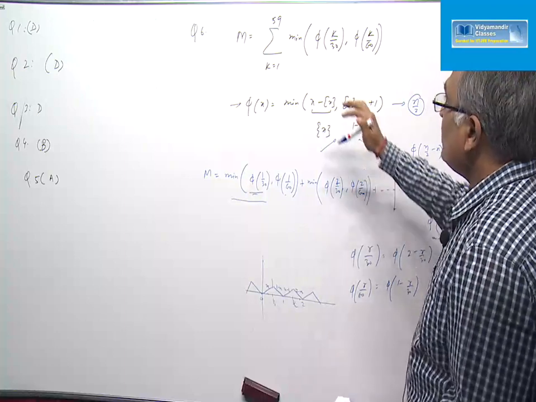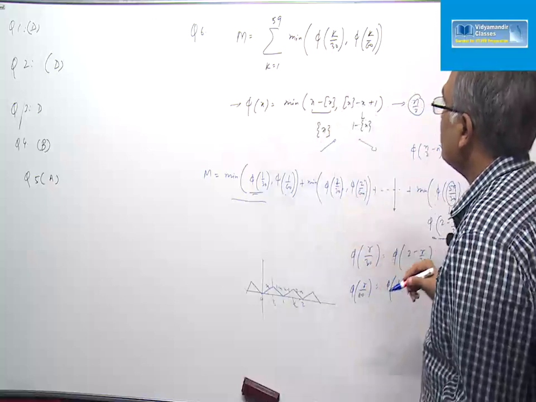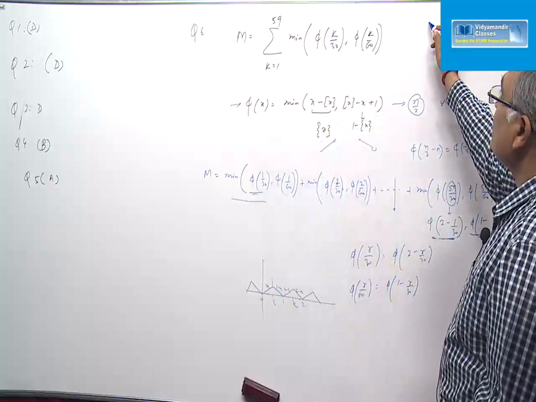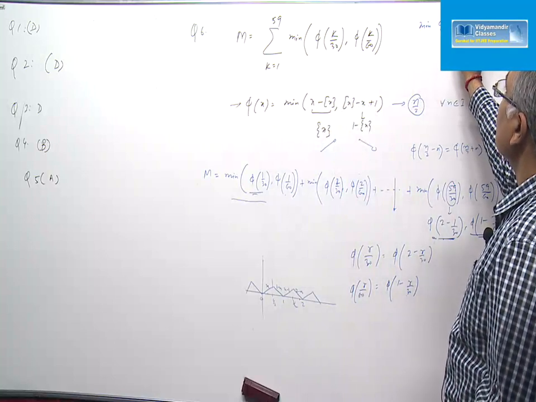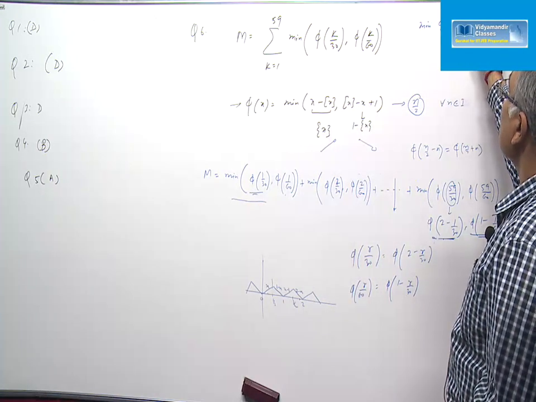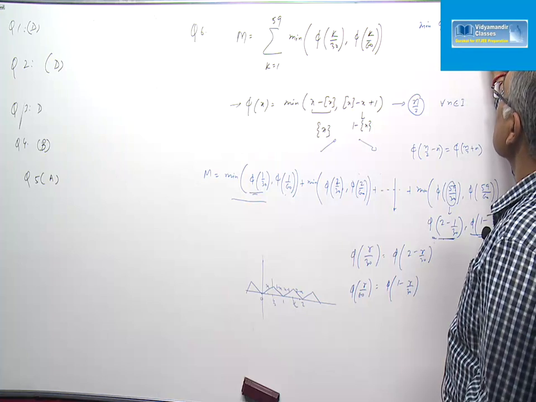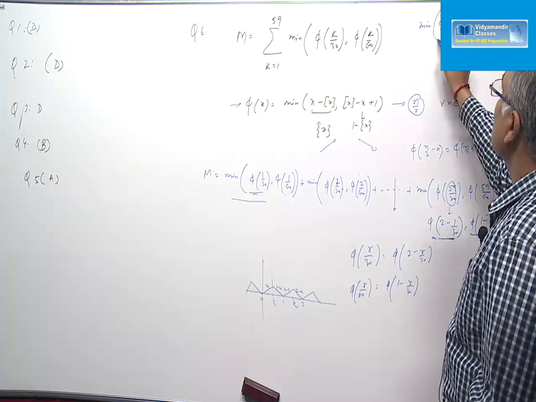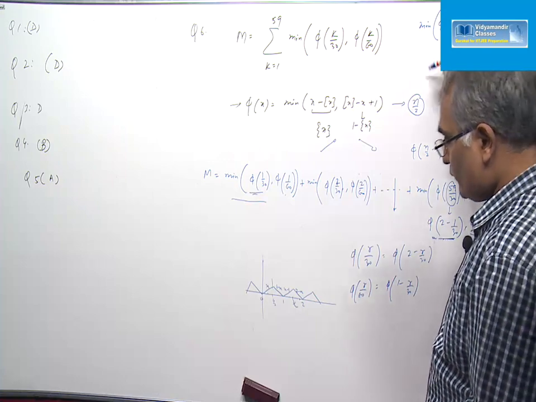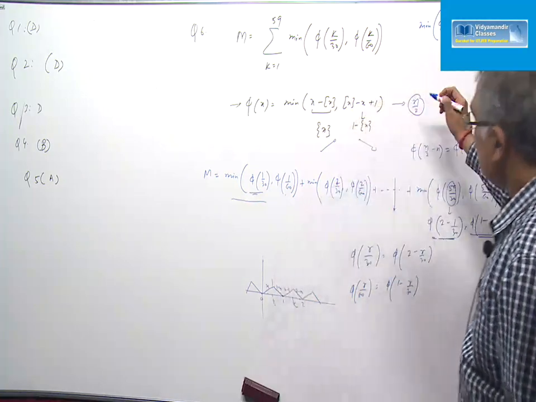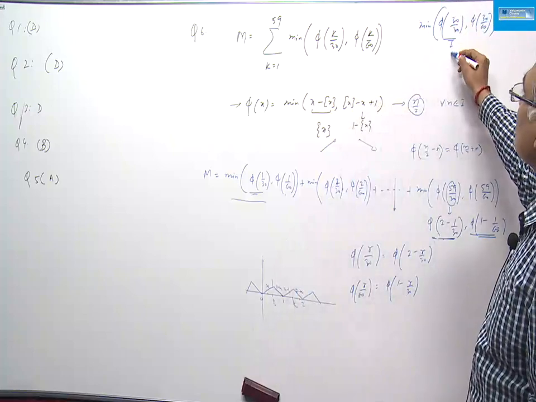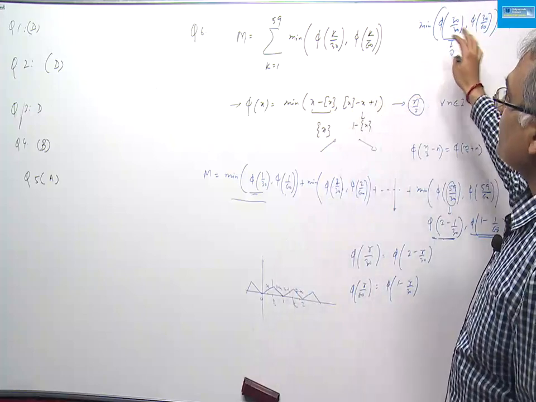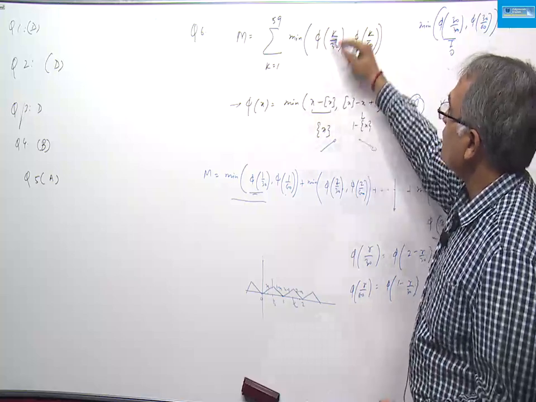The middle term must be when k is 30. Now let's compute that. When k is 30, you have minimum of phi of 30 by 30, comma phi of 30 by 60. Now 30 by 30 is 1. Phi of 1 is 0, and it's a non-negative function. So clearly, the minimum of these two must be this only, that is 0. Hence, at the 30th term, this term will be 0.